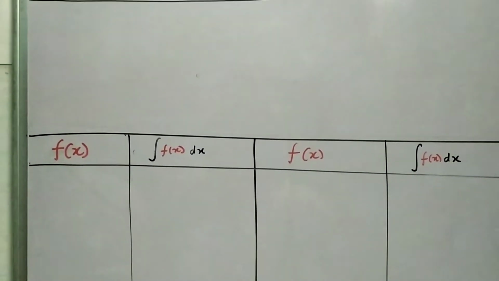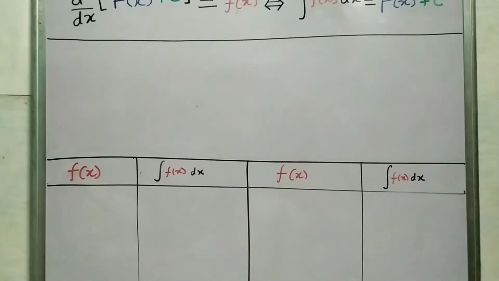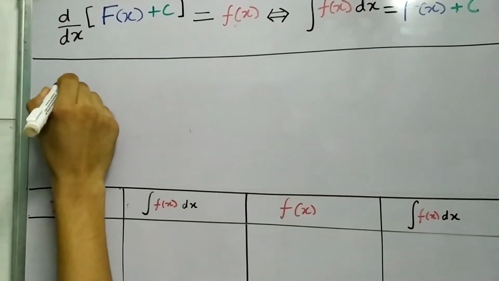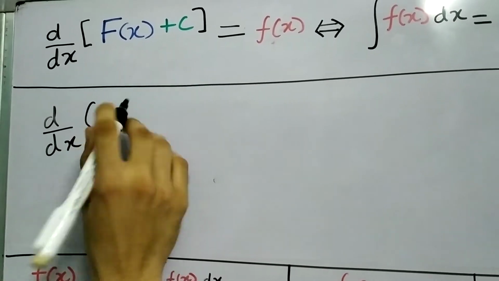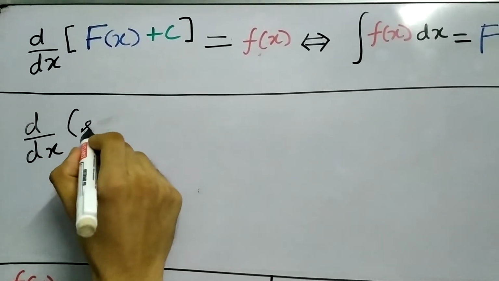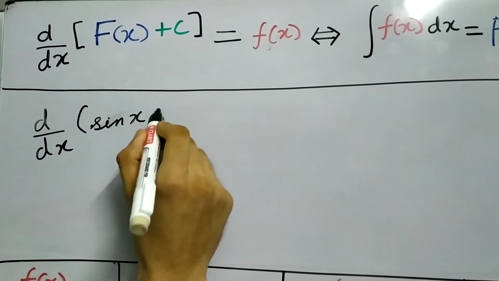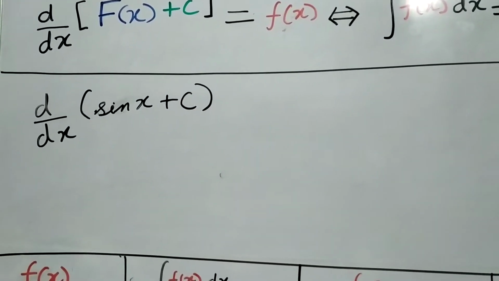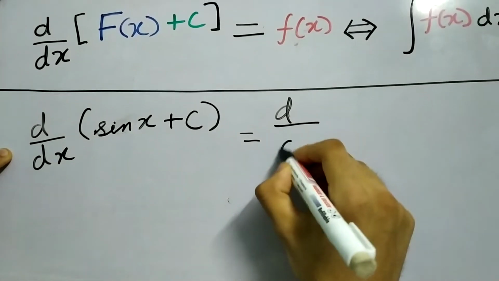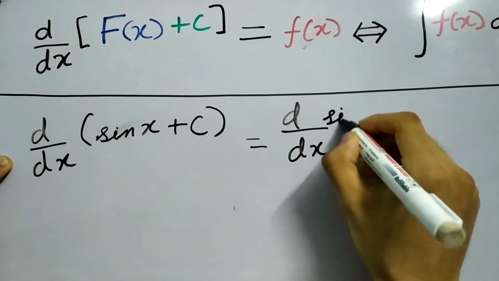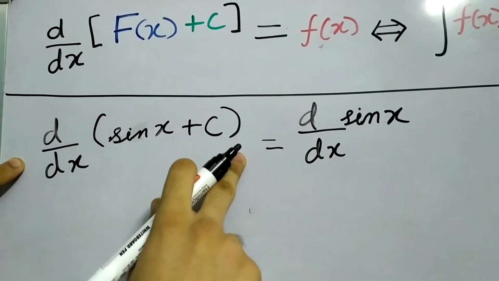So first, let us consider sin x. d by dx of sin x plus some constant is the same as the differentiation of sin x, because the differentiation of a constant is 0.